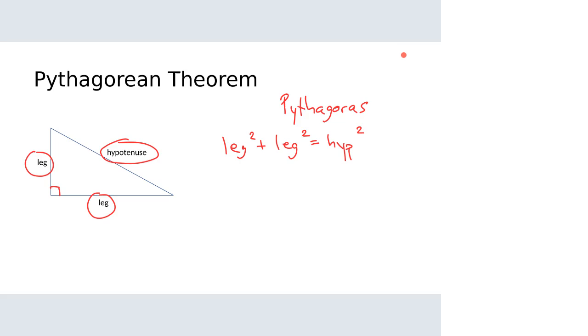So that's the reason I don't love a squared plus b squared equals c squared. It's great. It works. There's nothing wrong with it. But it only works if c is your hypotenuse. What will work all the time, no matter what you call them, is leg squared plus leg squared is hypotenuse squared. Let's take a look at how this works.